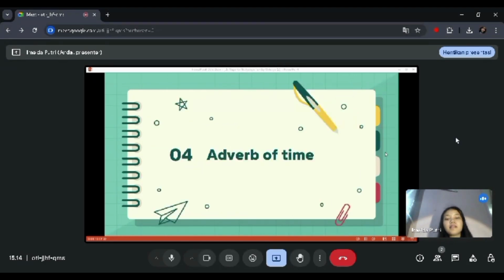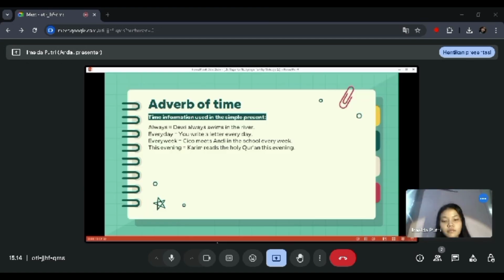Adverbs of time. Time information used in the simple present. For example, always: Dewi always swims in the river.